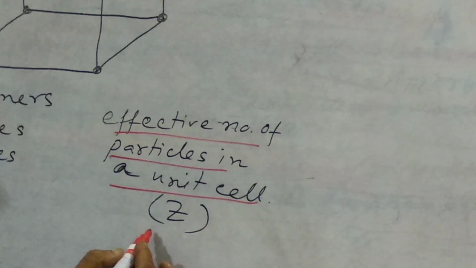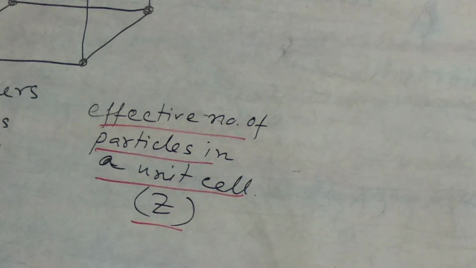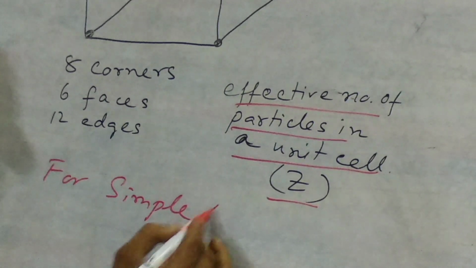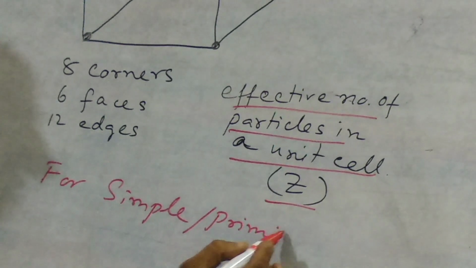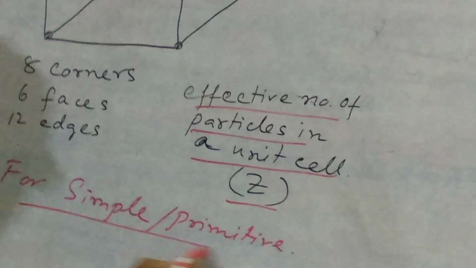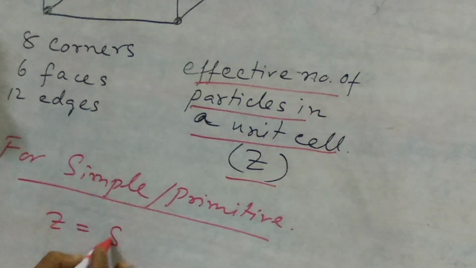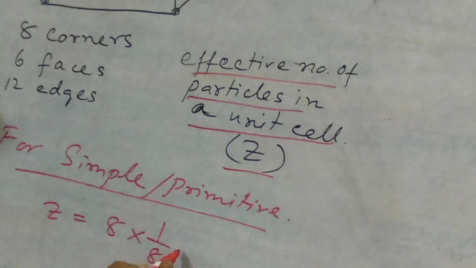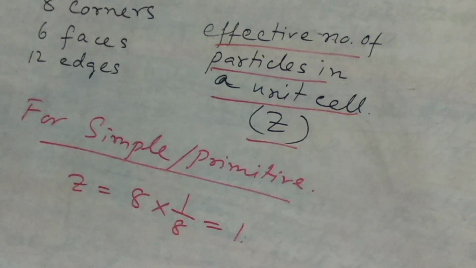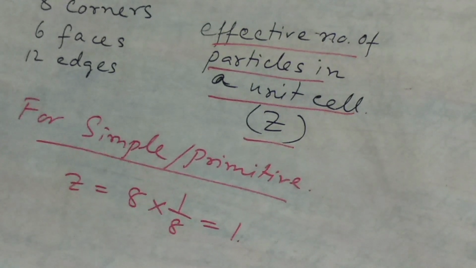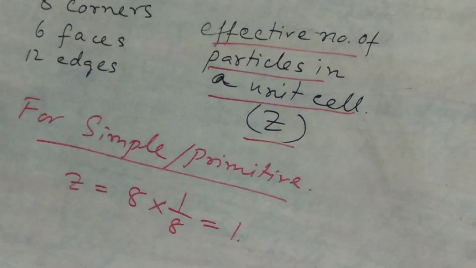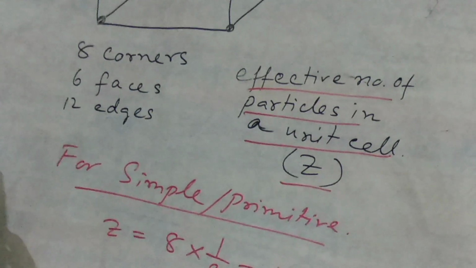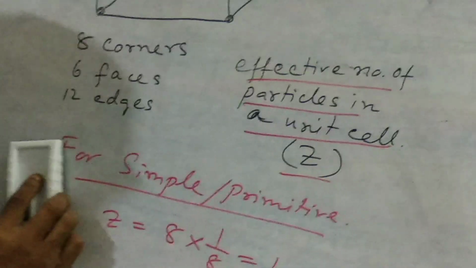Therefore, the effective number of particles in a unit cell, which is denoted by Z, is given by, for simple cubic unit cell or primitive unit cell, Z equals 8 particles and each has a share of 1 by 8, equals 1. So, for a simple cubic unit cell, the effective number of particles is 1. Now, next one, body-centered cubic unit cell or BCC.